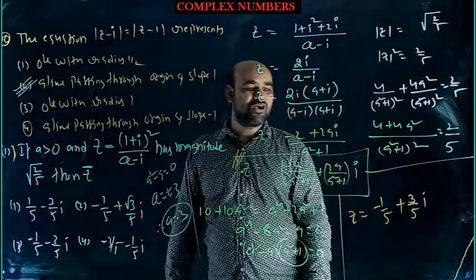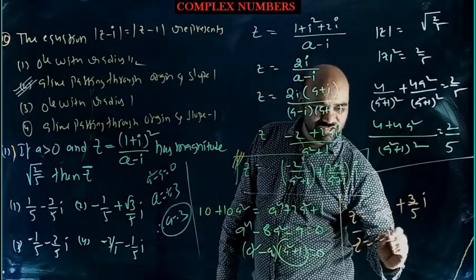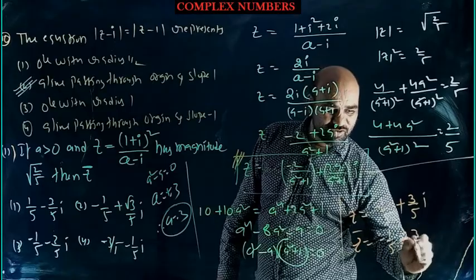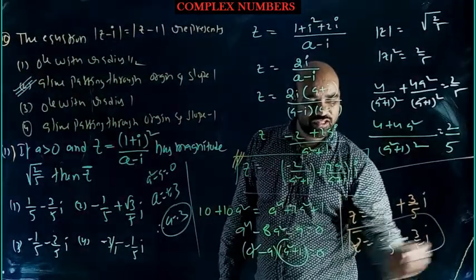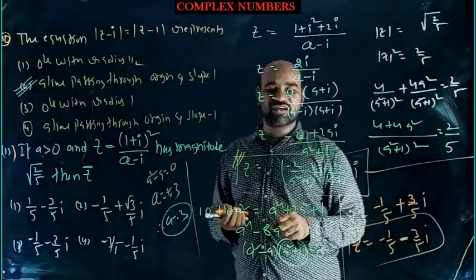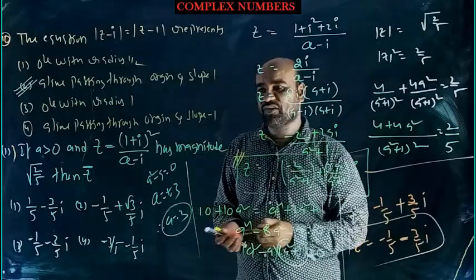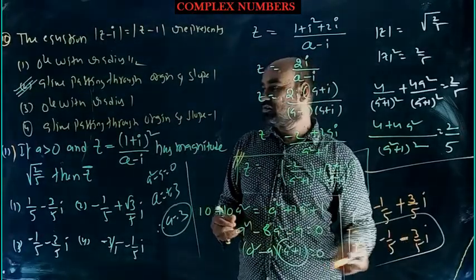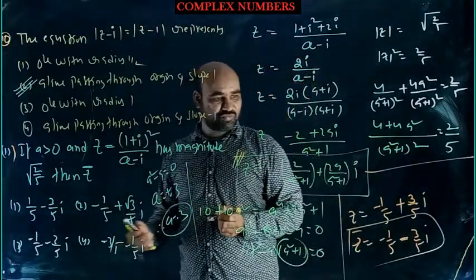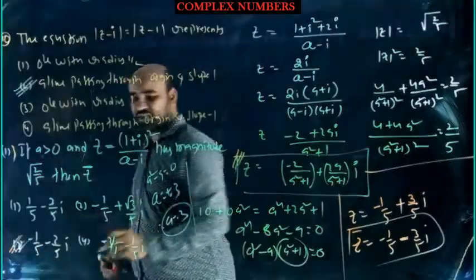This is z, but I want the conjugate of z, that is z bar equals minus 1 by 5 minus 3 by 5 i. You know how to find the conjugate of a complex number x + iy: it is x − iy. In front of iota you need to change the sign. So checking the options, minus 1 by 5 minus 3 by 5 i, option 3 is the correct answer for the problem.